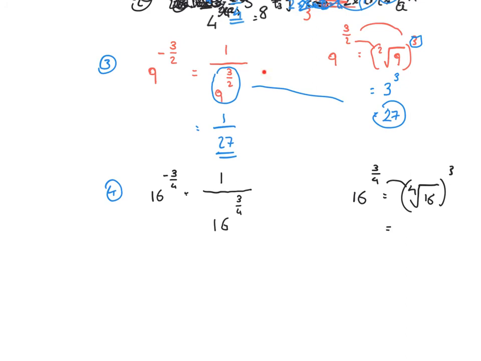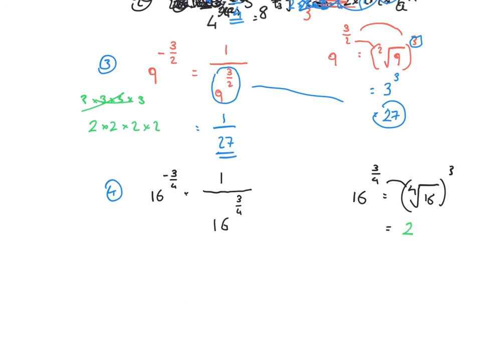That's a number when you multiply it by itself, multiply it by itself, multiply it by itself, you get 16. Now if you're not sure, just choose a number and try it. So what about 3? 3 times 3 is 9, times it by 3 is 27, times it by 3, no, that's not going to work. What about 2? 2 times 2 is 4, times it by 2 is 8, times it by 2 is 16.